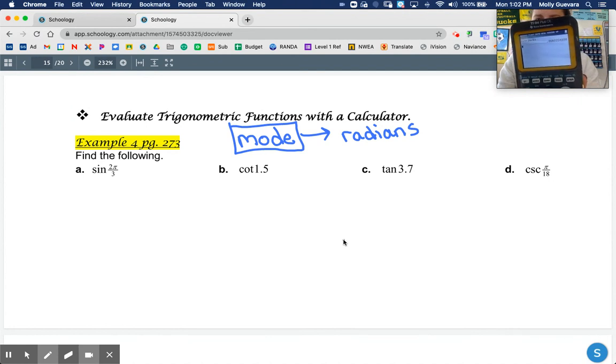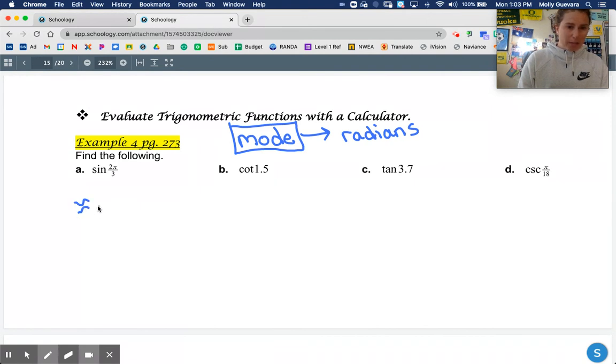And again, I'm in radian mode. It also tells you right here on the main screen what mode you're in, so that's kind of helpful. So I'm in radian mode because this problem gave me the angle measure in radians. So this is approximately 0.866. Go ahead and try the other 3, and then when you're ready to check your work, you can go ahead and hit play on the video.